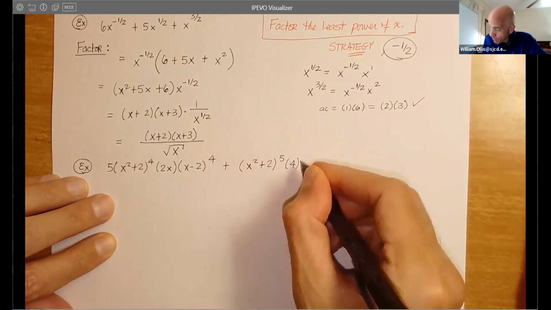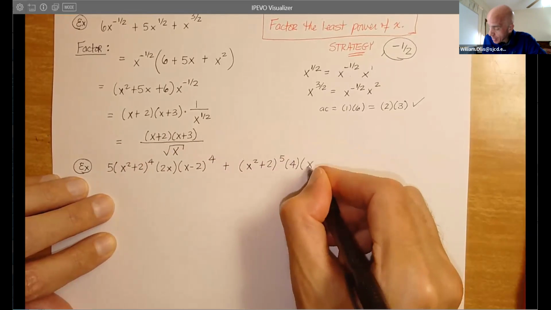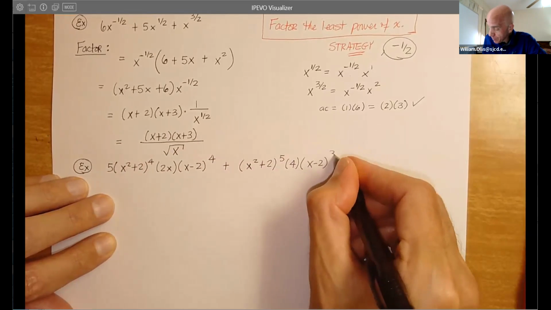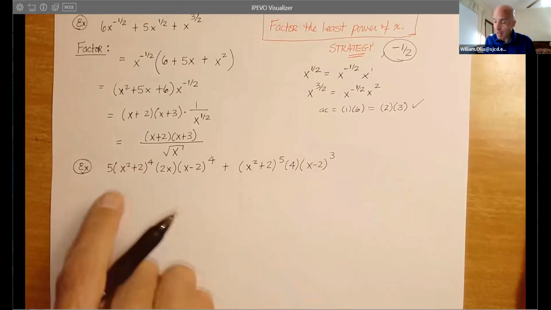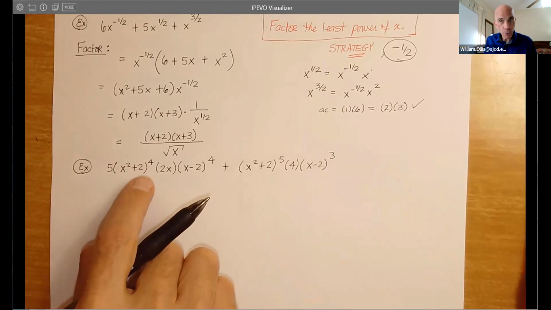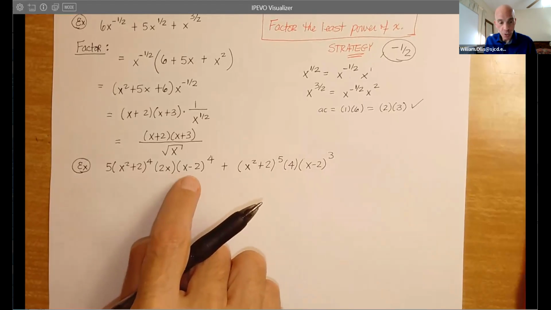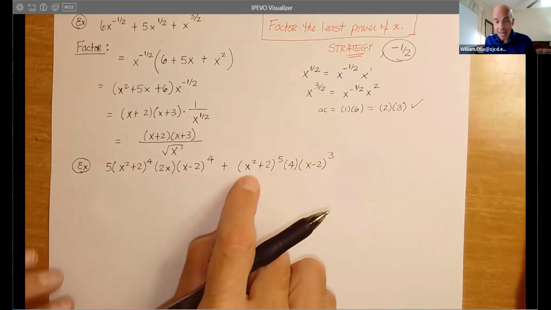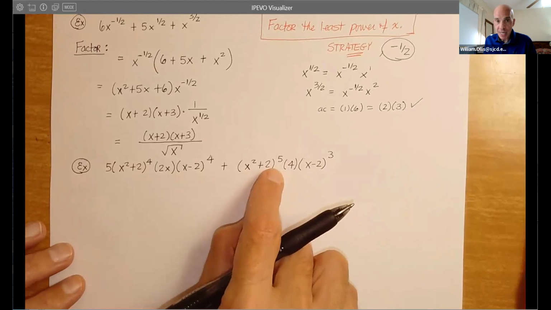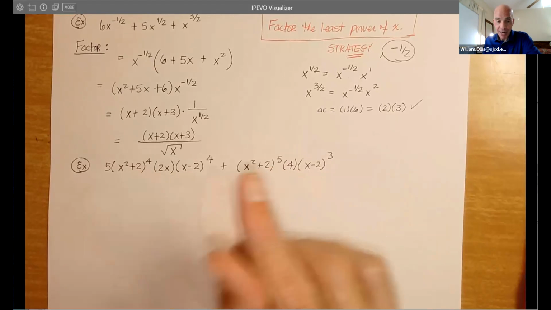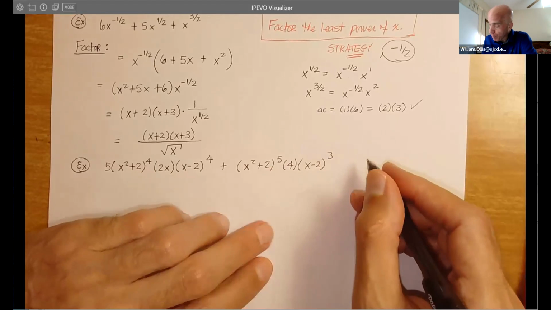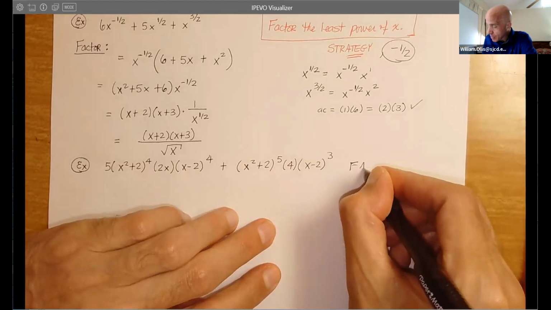We just squeeze the 4 in there, and we have (x minus 2) to the 3rd. Again, 5 times (x squared plus 2) to the 4th power times 2x times (x minus 2) to the 4th power plus (x squared plus 2) to the 5th power times 4 times (x minus 2) raised to the 3rd power, and we're asked to factor this.